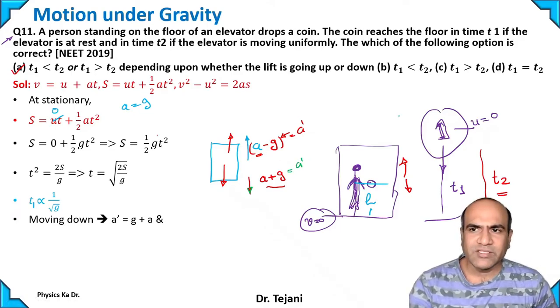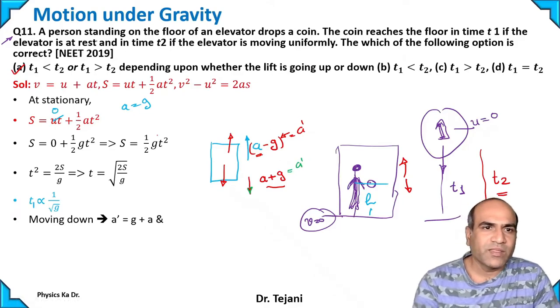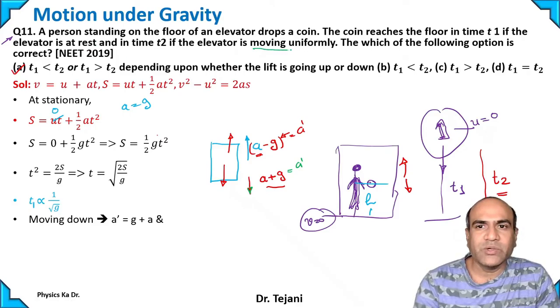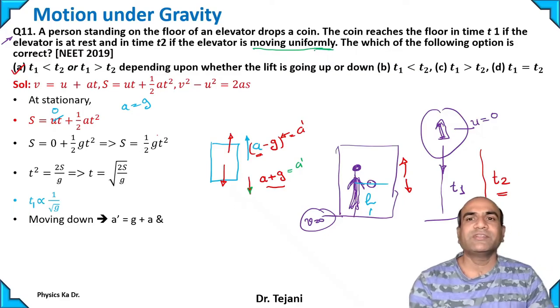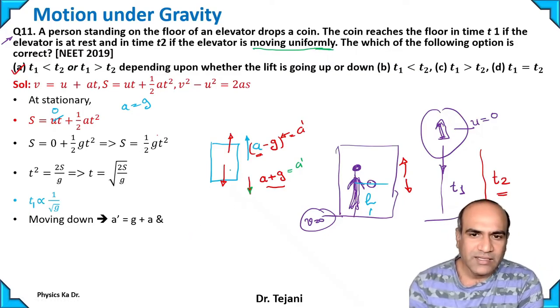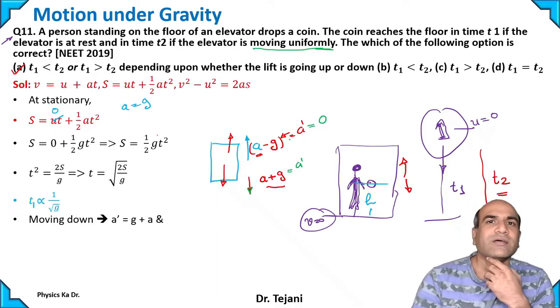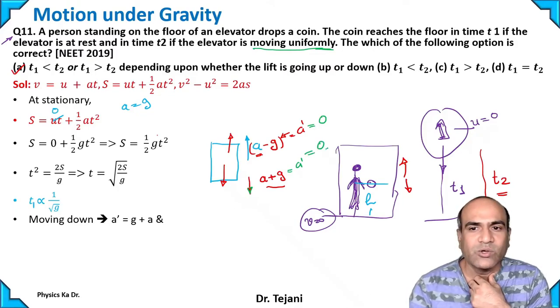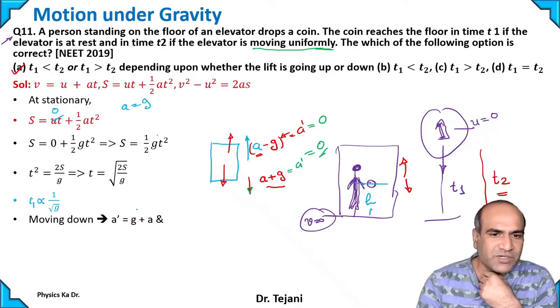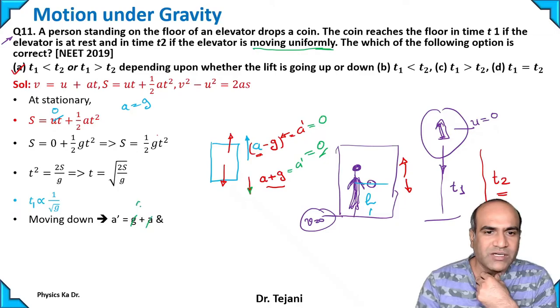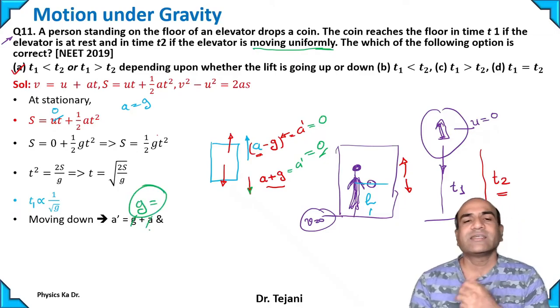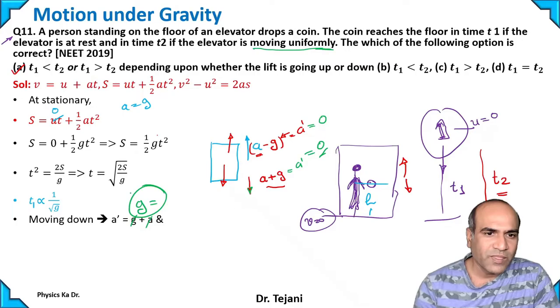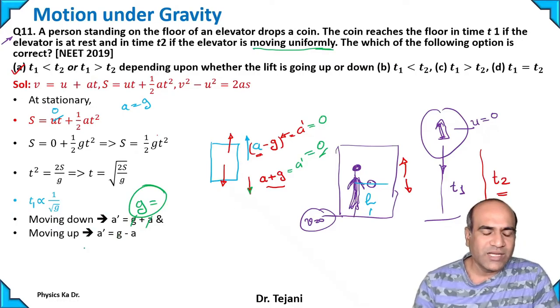But see what is mentioned here. The elevator is moving uniformly, that means the acceleration of this lift is zero. Therefore, in this equation, acceleration is not in the picture, it is always equal to g. Therefore, it is not having any effect.